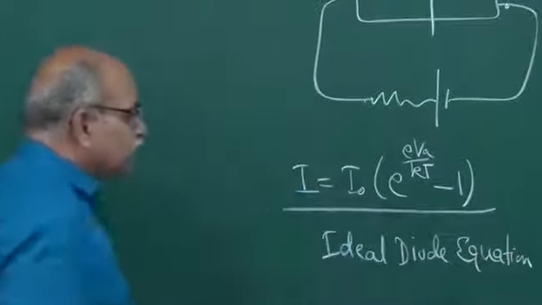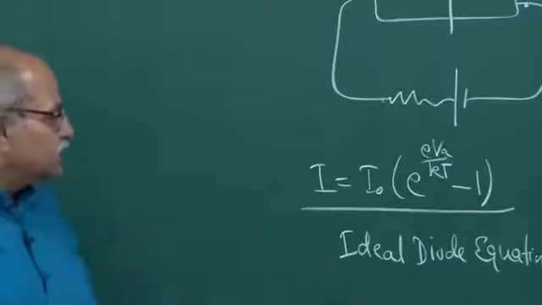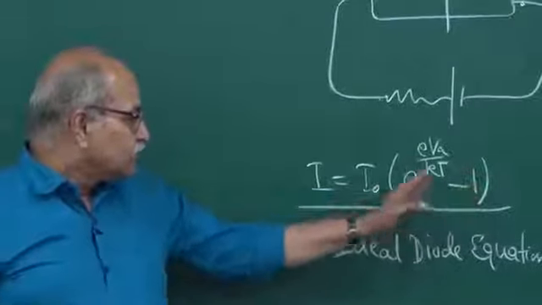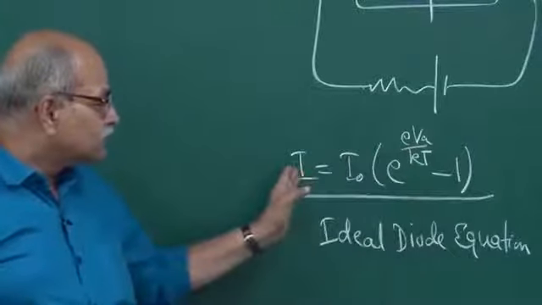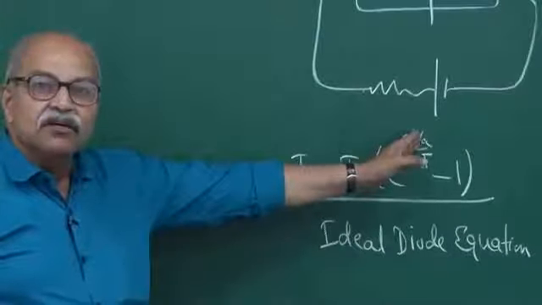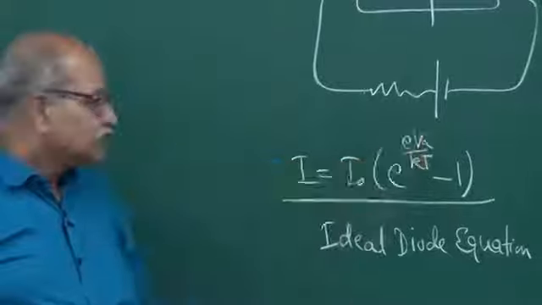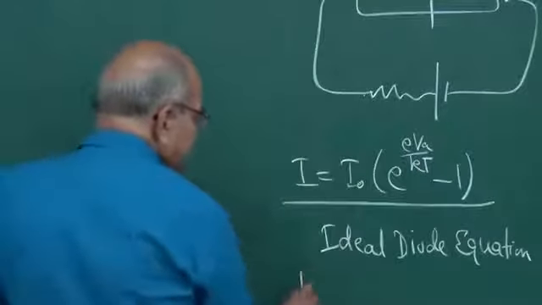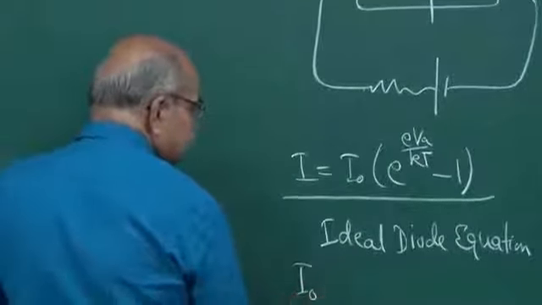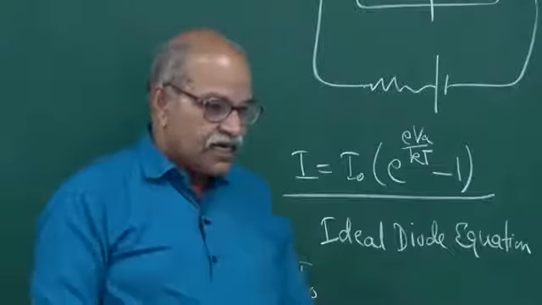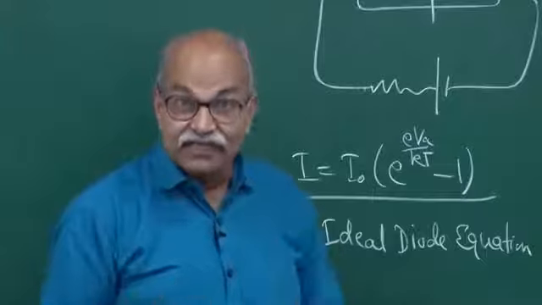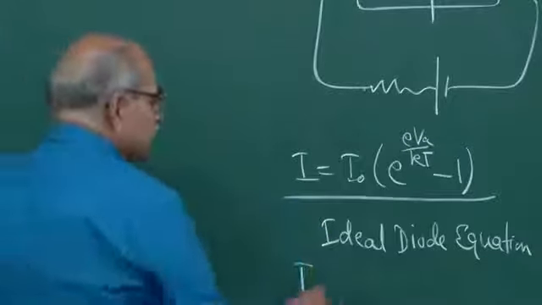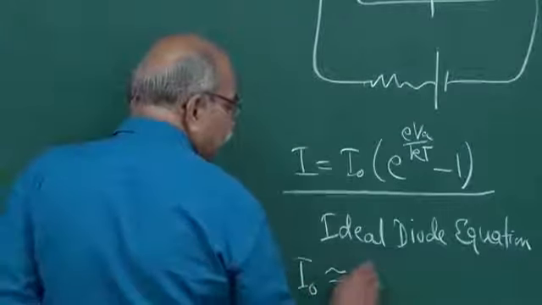Now, before proceeding further, let me give numerical values of this quantity for different values of applied voltage. This I naught, which is the diffusion current and the same as the drift current if there is no biasing, is typically a few microamperes.